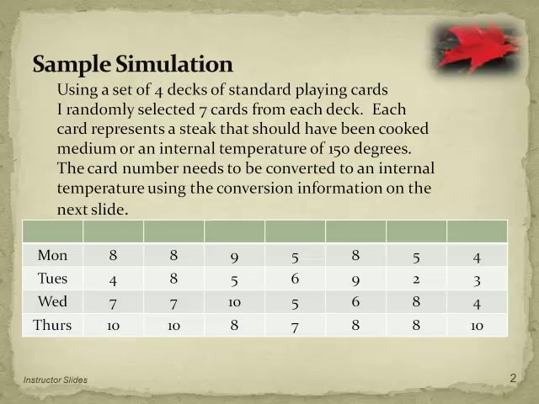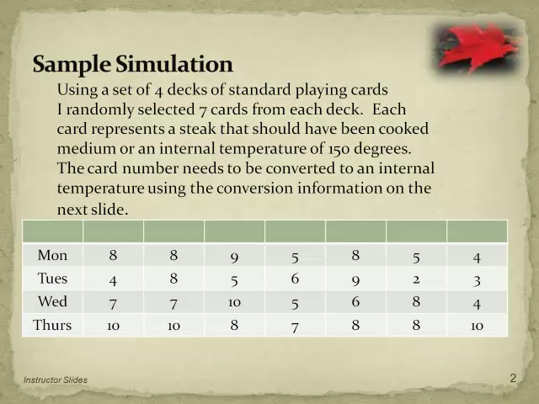I have the students shuffle the cards and then randomly select 7 cards out of each deck. In this example, in the privacy of my office, I did what the students would have done, and each deck represents a different day of the week in which we are conducting the measurements.